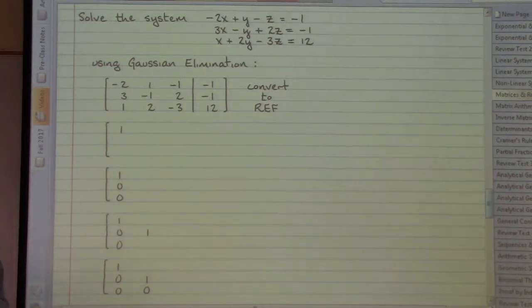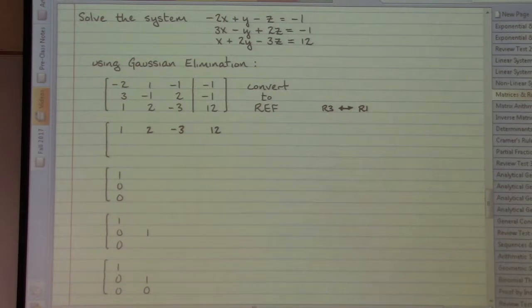So, I'm a big fan there of that third row already starting out with a number 1, which means that we're going to go ahead and do a row 3 switcheroo with row 1. So that means row 1 is now going to be 1, 2, negative 3, 12.